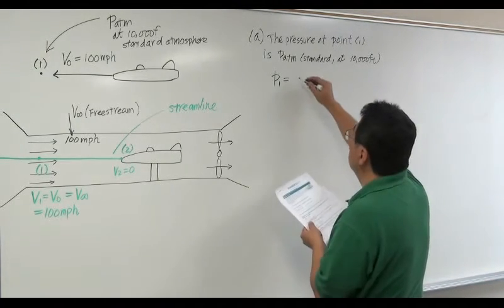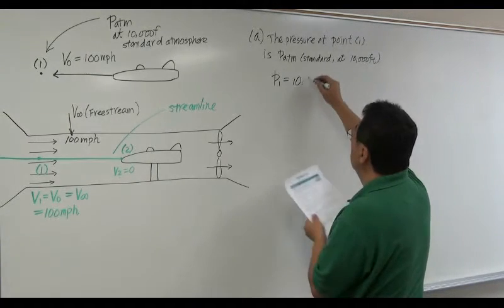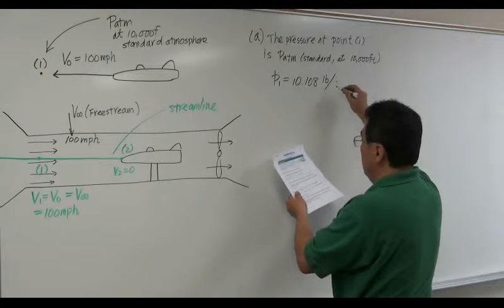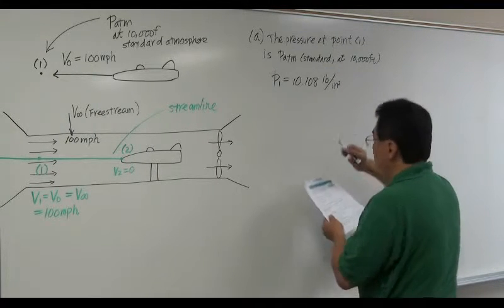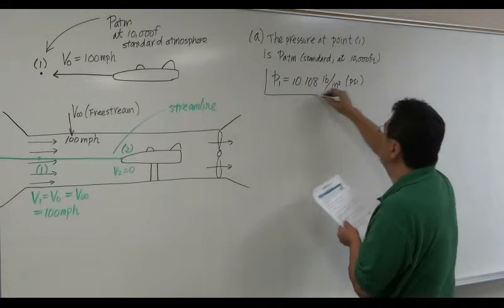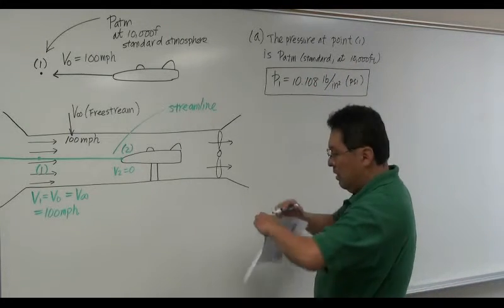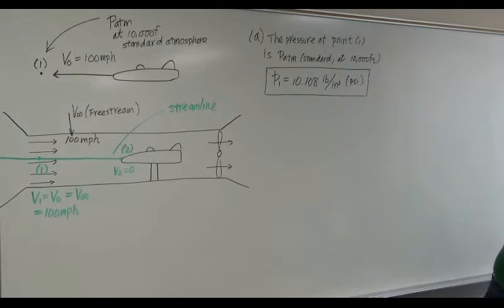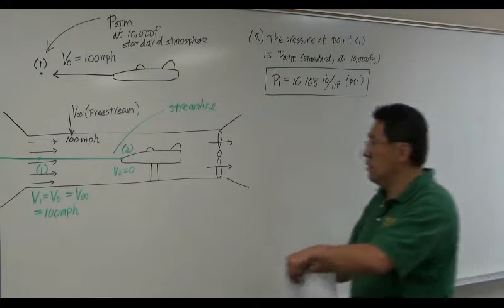P1 you can get is 10.108 pounds per square inch, psi.